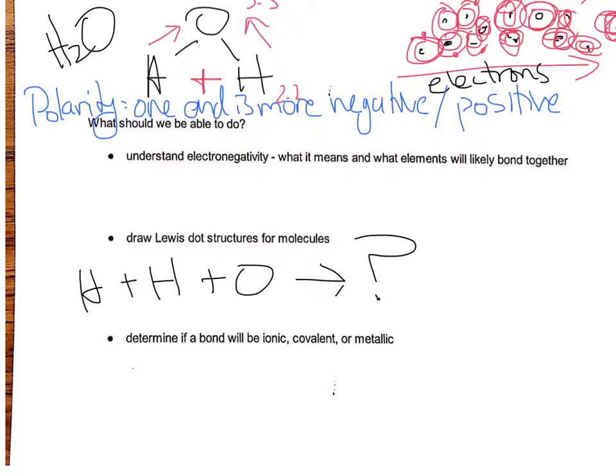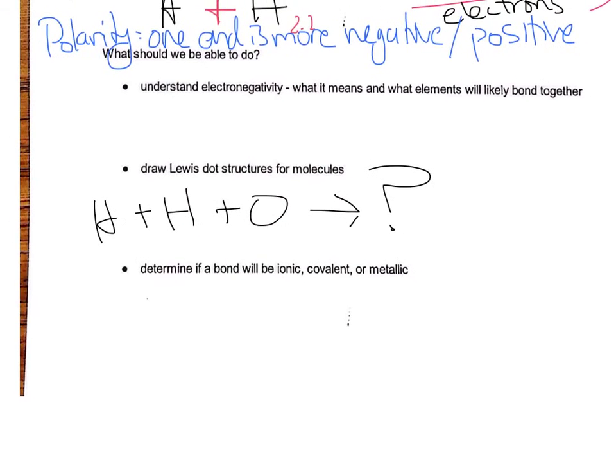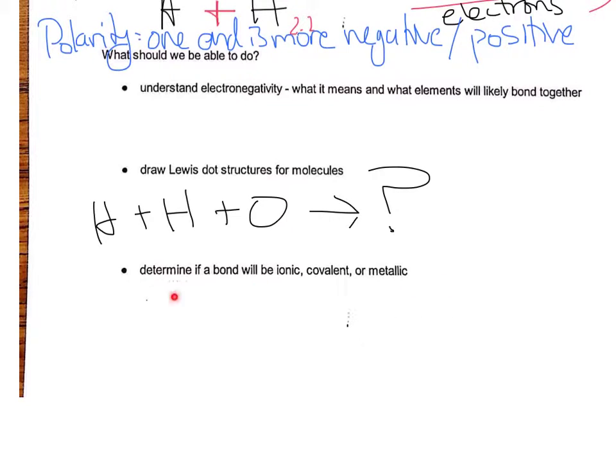And then lastly, determine if a bond will be ionic, covalent, or metallic. We talked about some basic properties, the difference in electronegativity, greater than 1.7, less than 1.7. And we talked about between what types of atoms will these happen. So between metals, between nonmetals, and for ionic, between a metal and nonmetal.